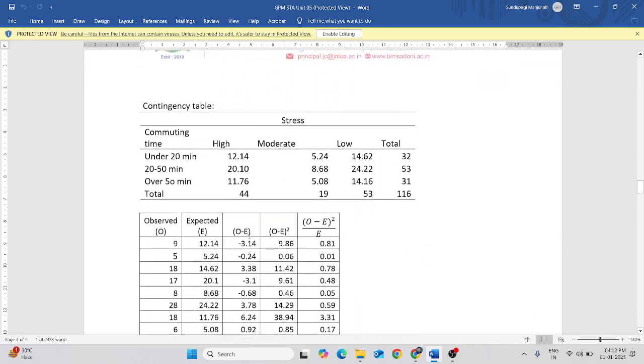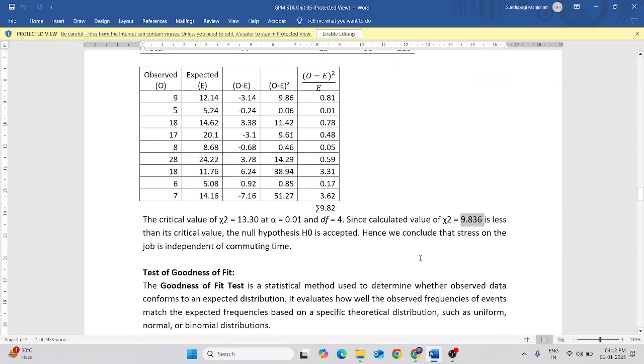So when we look at this particular calculated value, how much do we have? The chi-square test value is 9.836, and I have adjusted it to two decimals. And the chi-square table value is 13.30.